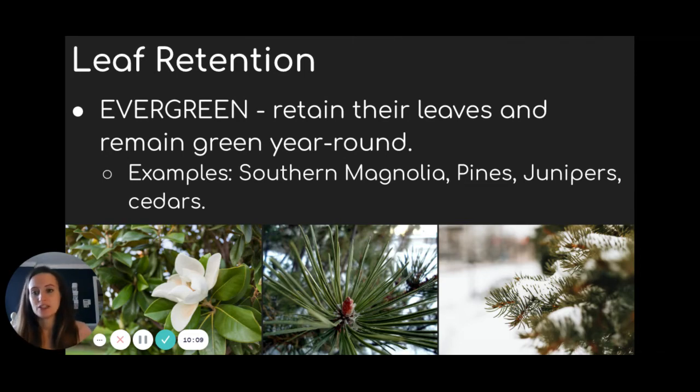As far as leaf retention, I'm sure most of y'all have heard of these two words before, evergreen and deciduous. Evergreen means it's going to retain its leaves and remain green year-round. So even right now, if you look out your window in the winter, it's going to be green. In southeastern North Carolina, we have a lot of pine trees. Pine trees are evergreen. Now, they do lose their needles, but that does not mean they don't stay green year-round as a whole tree.